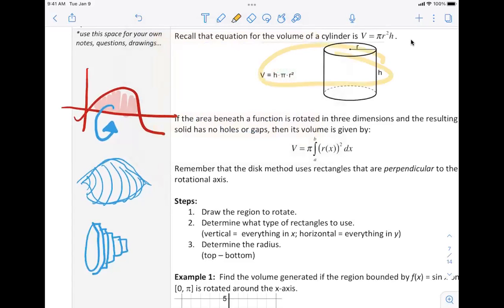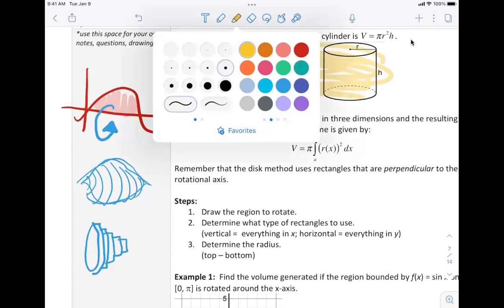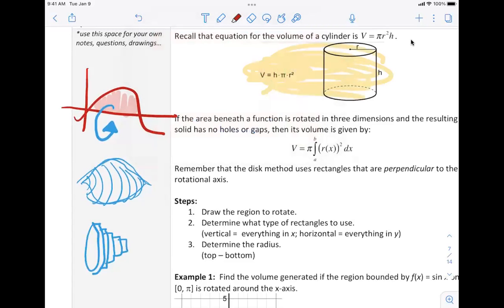Let's go to yellow. My cylinder's over here and my volume is pi r squared h, or whatever order you have that in. You can look that up anywhere online. That's from geometry, but that's the basis of what we use in calculus. So here's your pi. The height of this cylinder, remember this is a really, really short cylinder, not like shown in the picture, becomes the dx. Sorry, I'm getting my colors all mixed up here.